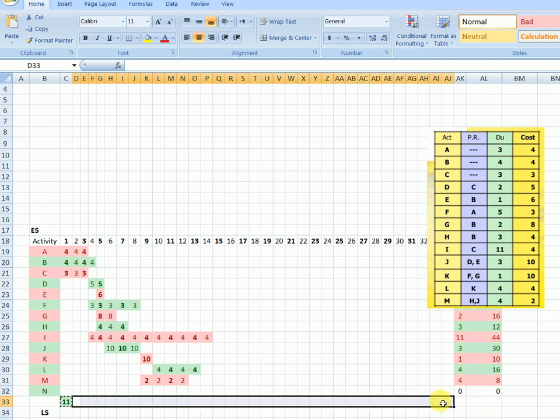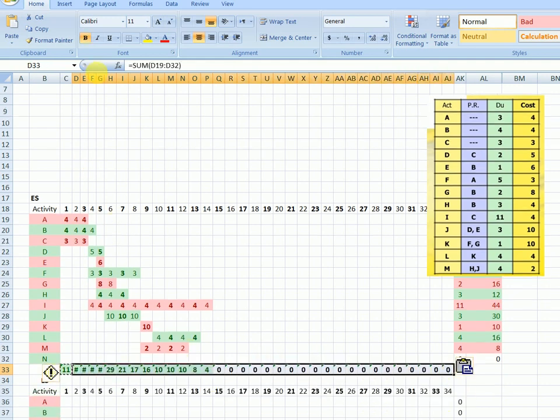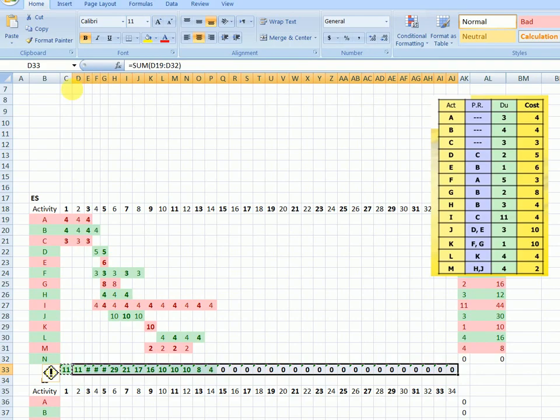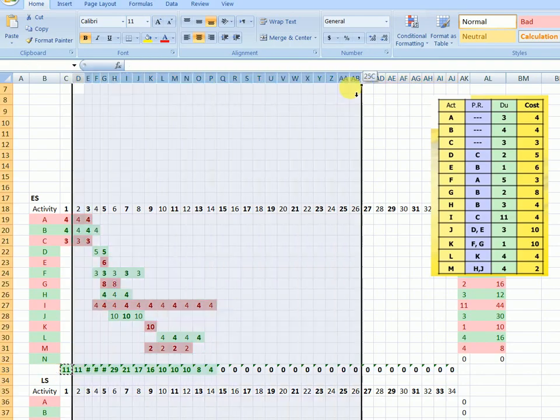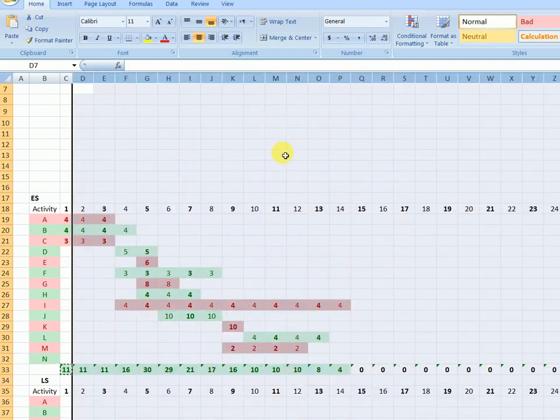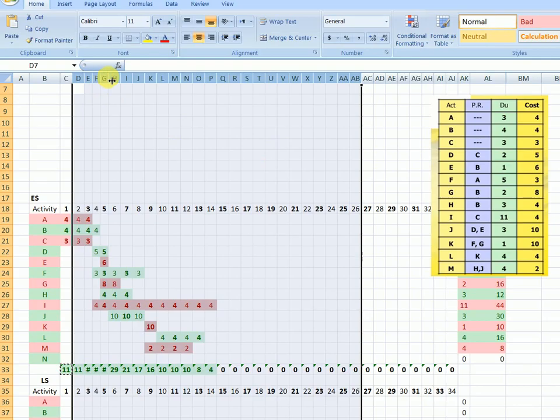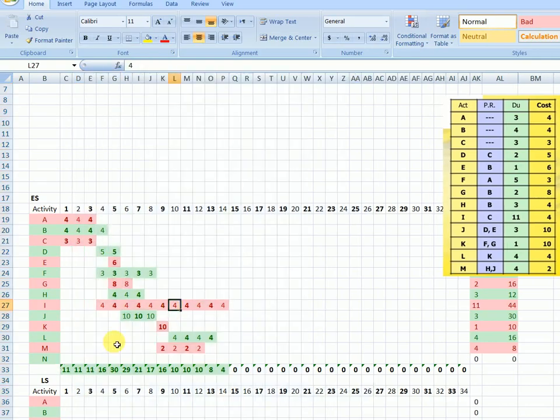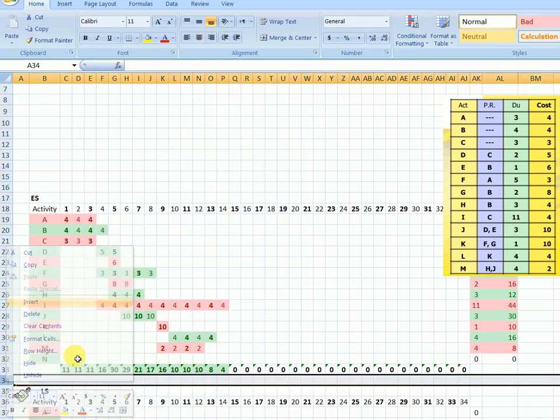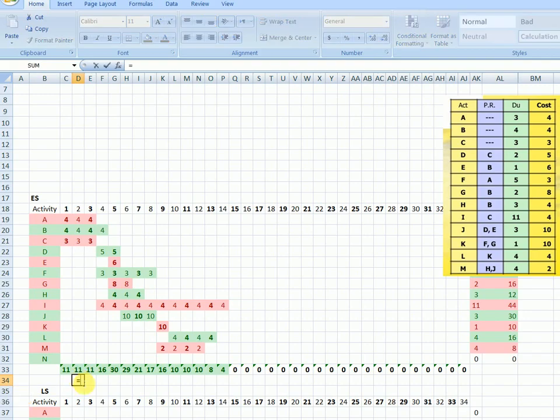Put it for everything and then we can delete if we don't want. Oops, it became too big. Beautiful. Then what you're going to do is, this is called cumulative cost.